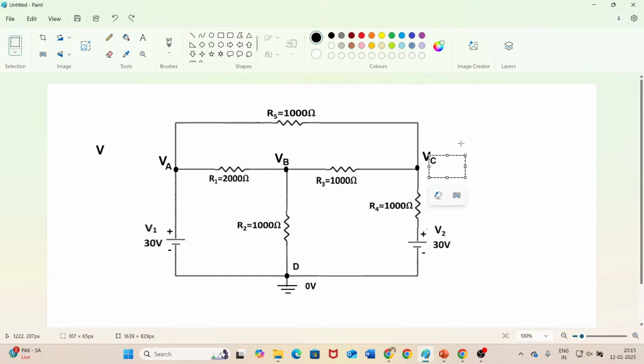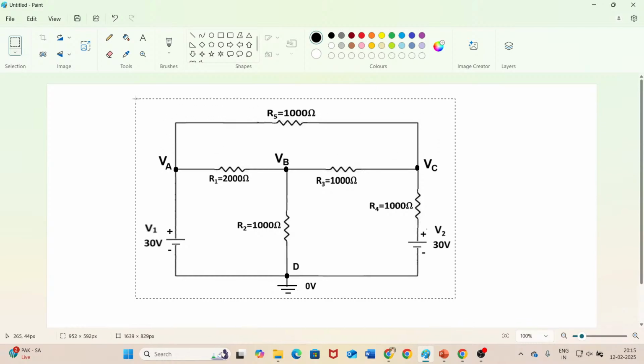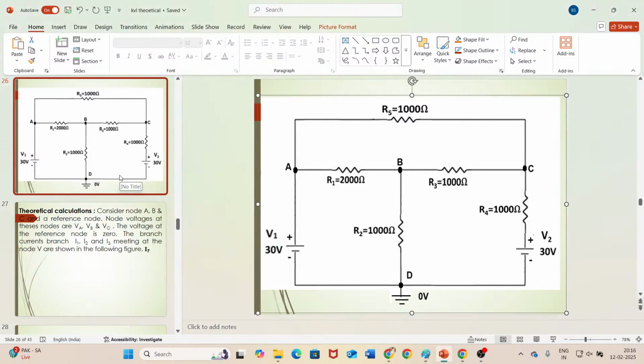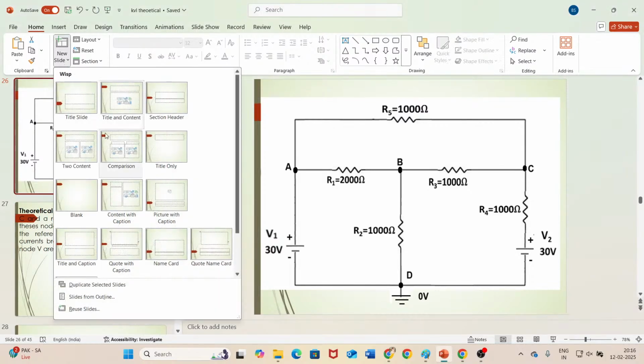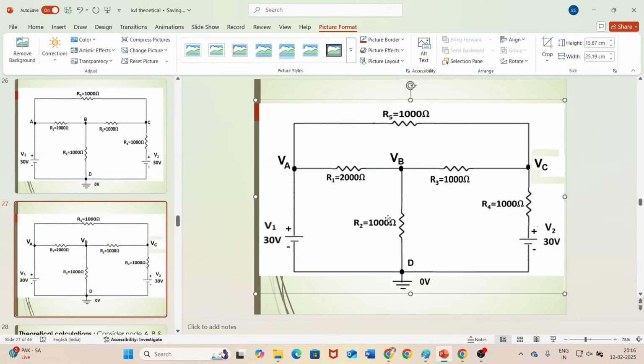This is V suffix C. So VA, VB, VC. I'll copy it and paste it in one of the slides. So wherever you have written A, B, C, instead of A, B, C you write VA, VB, VC. So mention the node voltages.